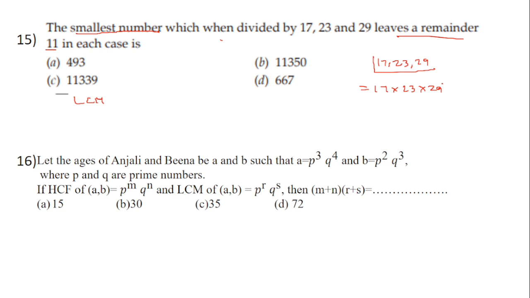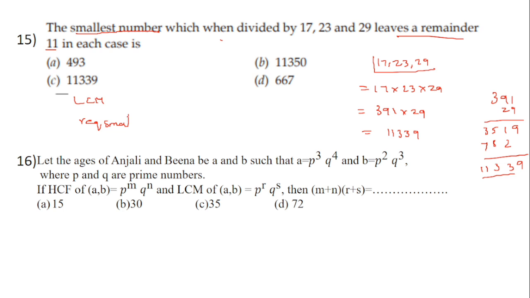How much is it? 17 into 23 is 391, and we need to do 391 into 29. 9 into 1 is 9, 9 into 9 is 81, 8 carry... it is 11339.